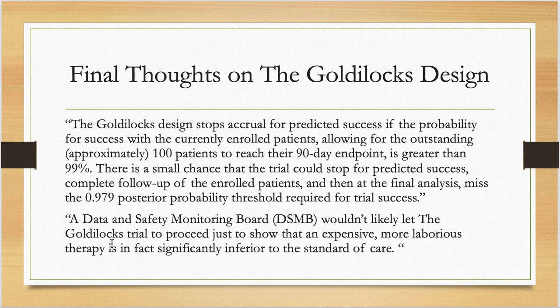There is a small chance that the trial could stop for predicted success, complete follow-up of the enrolled patients, and then at the final analysis miss the 0.979 posterior probability threshold required for trial success. Therefore, the researchers knew that a data safety monitoring board, DSMB, wouldn't likely let the Goldilocks trial proceed, just to show that an expensive, more laborious therapy is in fact significantly inferior to the standard of care.